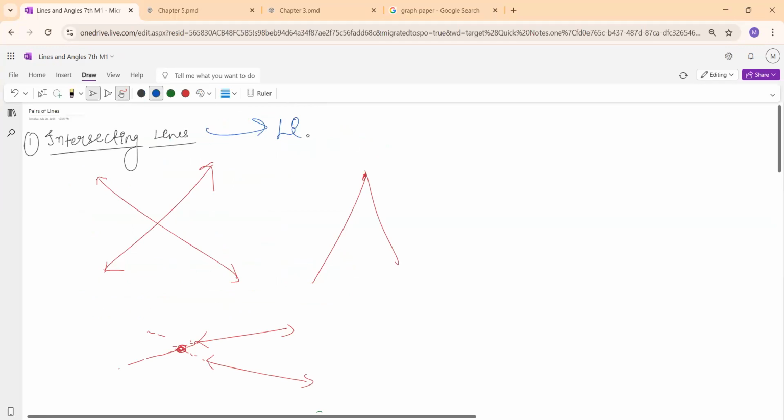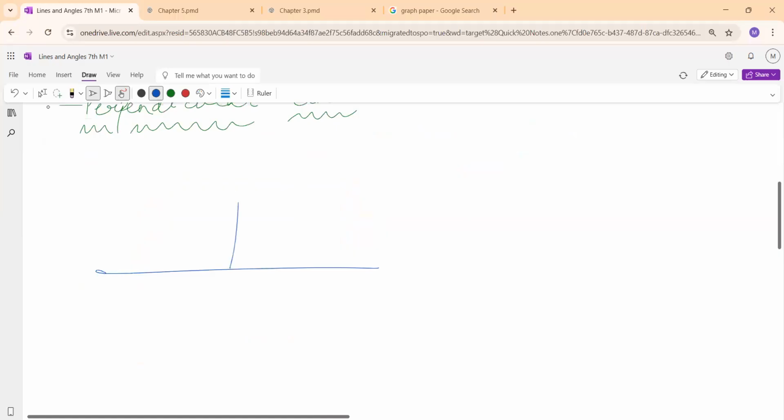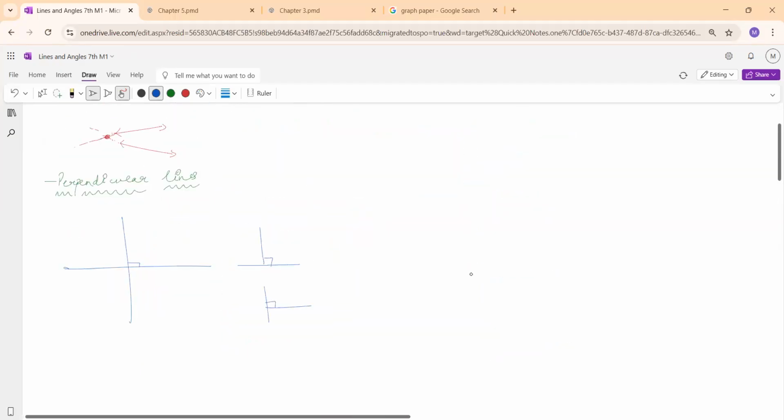Lines which cut each other at one point. Okay, so perpendicular lines is this. These are perpendicular lines. They are cutting at 90 degrees, or this, or this. Because these are all perpendicular lines. Lines which cut each other at 90 degrees.